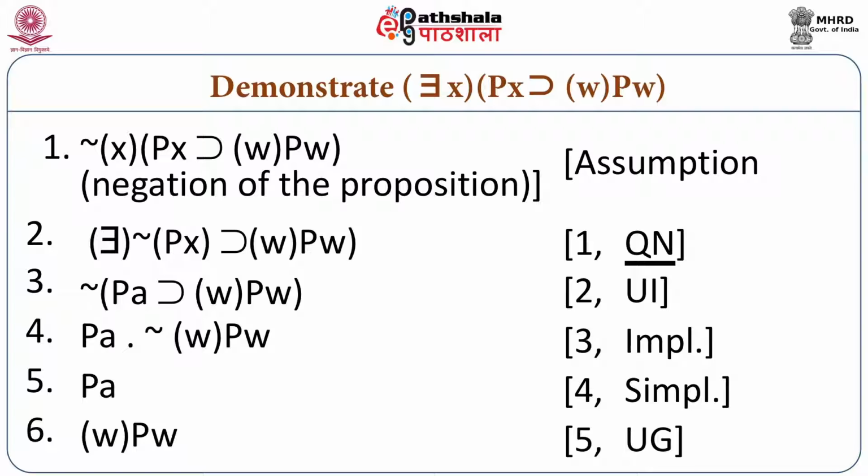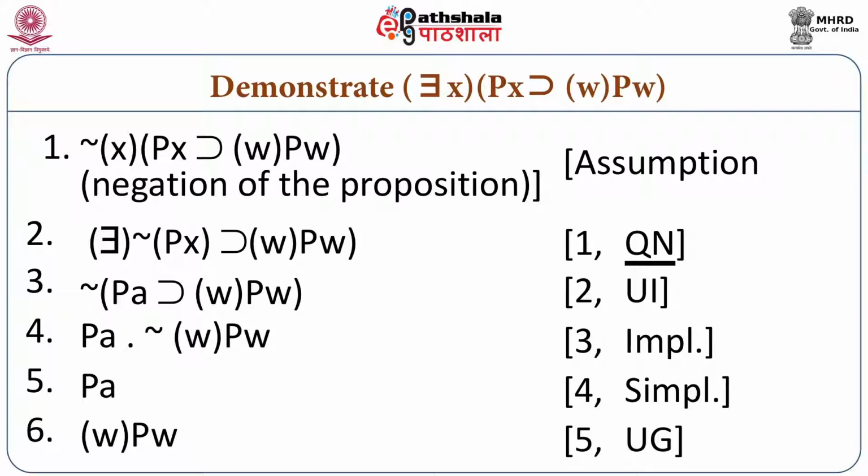The next is by equivalence of implication and conjunction. We have step number 4: pa and not for all w, w p. Given this step number 4, by the rule of simplification, we can come to 5, which is pa.